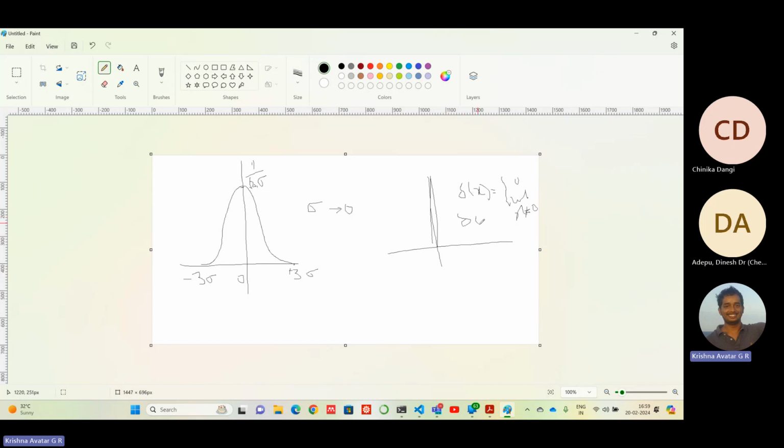So the way we define the delta function is that it only holds under integration: the integral from minus infinity to infinity of delta of x, integrated over the entire real line, gives us a value of unity. That's why delta is not a function. Mathematically, it's called a distribution.